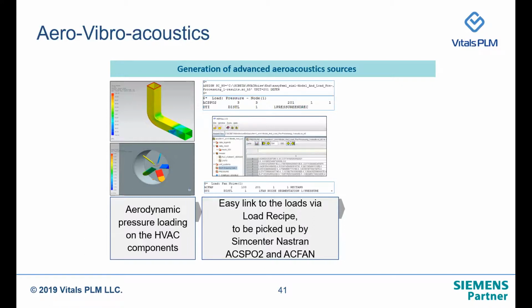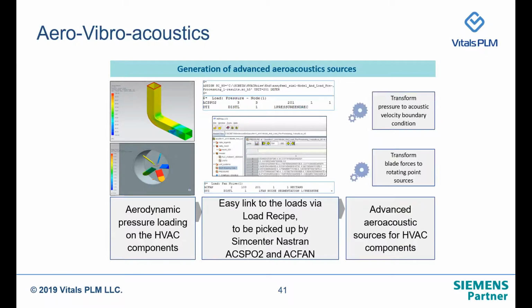within SimCenter 3D, using the load recipe module, these loads can be easily connected to the solvers in the SimCenter Nastran platform. And then there is also a need to convert or transform the pressure loads into boundary conditions, in terms of the acoustic velocity, and also the blade forces as rotating point sources.